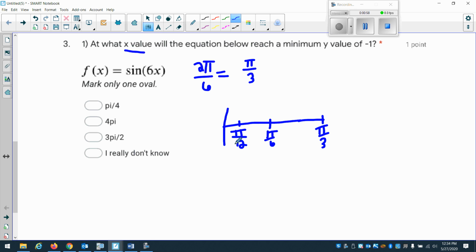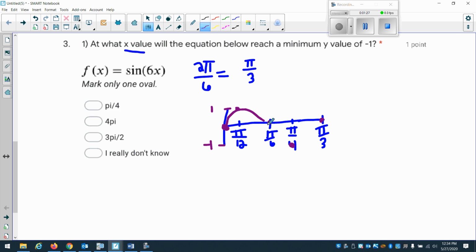Then you have 3 times pi over 12, which gives you pi over 4. Okay, now our amplitude is 1. So you have 1 here and -1. It's a sine graph, so you start at the midline, then you go to the max, then the midline, then the min, then the midline.